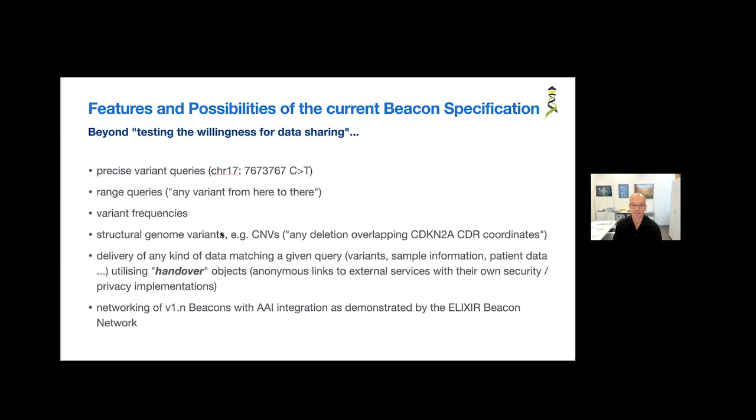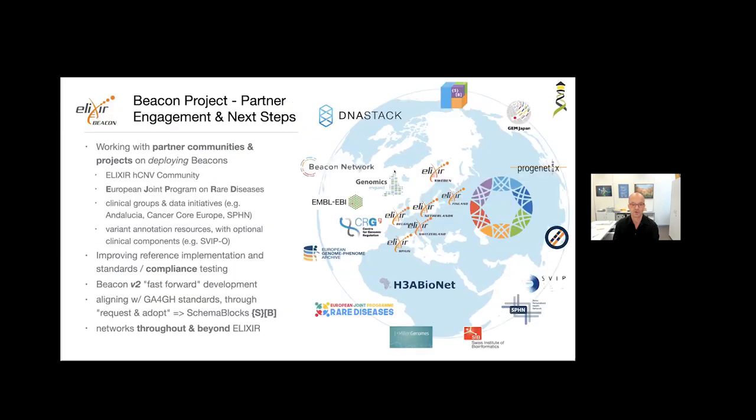Any data matching a query, variant, sample information, patient data, can in principle already with the current protocol be delivered, using the handover protocol and AI integration. So it's already something very powerful, which can be used.